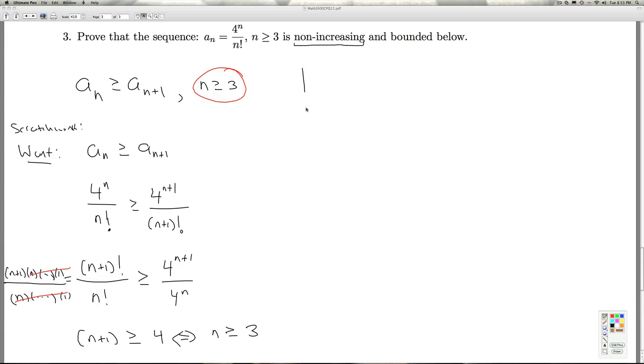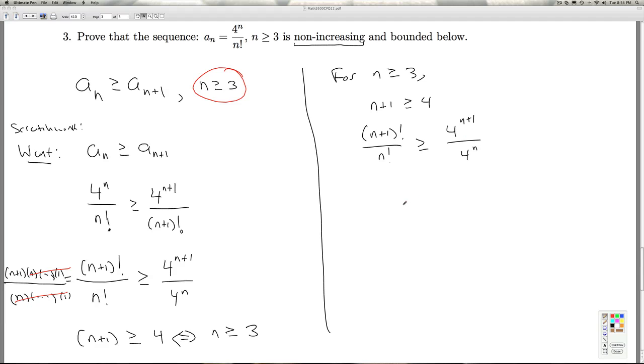So, n bigger than or equal to 3 means n plus 1 is bigger than or equal to 4, and I'm just going to reverse my algebra steps. I'm going to rewrite n plus 1 as (n plus 1) factorial over n factorial, and 4 as 4 to the n plus 1 over 4 to the n, and then go through the cross multiplication here and get 4 to the n over n factorial is bigger than or equal to 4 to the n plus 1 over (n plus 1) factorial.